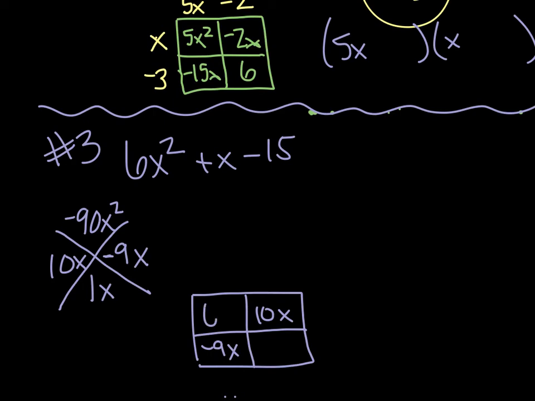And then the first term in your expression and your last term in your expression. Okay, so what's the greatest common term or factor of 6x squared and negative 9x? It's going to be 3x. 3x times what?